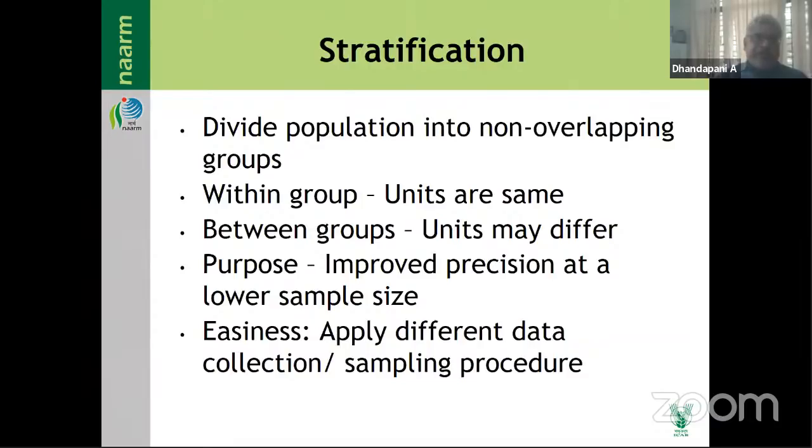Within each stratum, we can apply any selection procedure. For example, I can apply simple random sampling in certain strata and cluster sampling in another, because in a hill area I don't want to select villages which are far away. So I can have a cluster of villages. Operationally it will be very convenient.